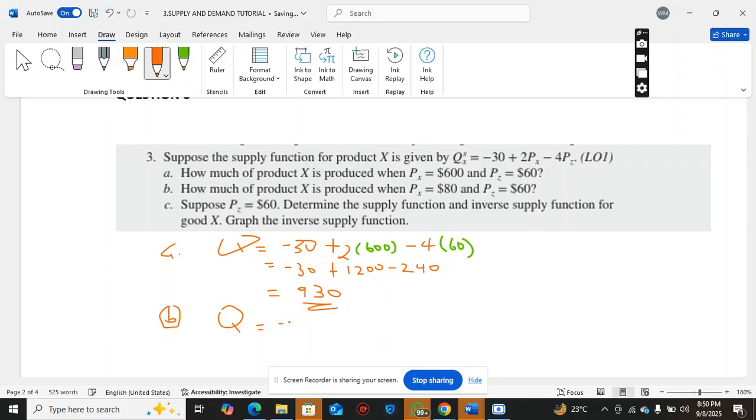So negative 30 plus 2 times, here we put 80 there, minus 4 times 60.